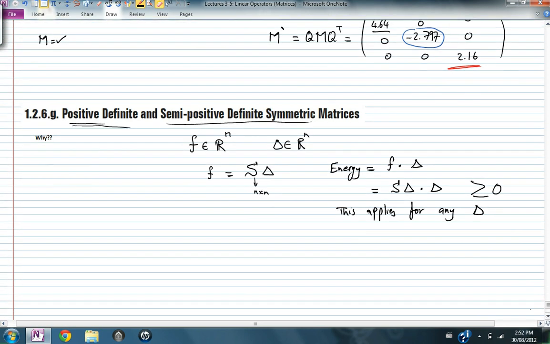So a positive definite matrix is defined as follows: S is an n by n matrix, S is symmetric, so the definition of positive definite.